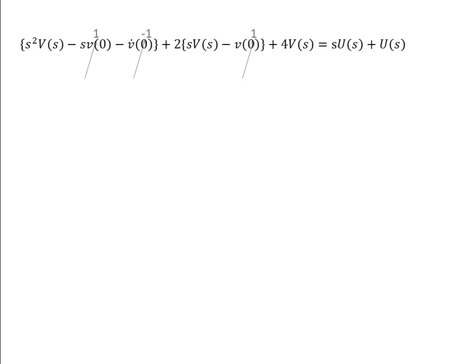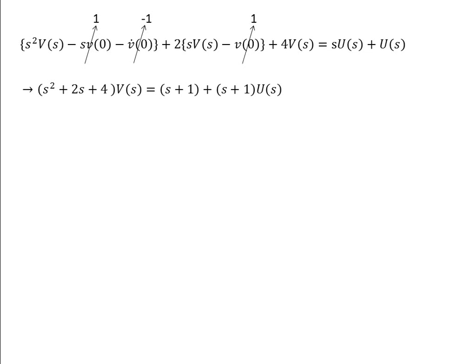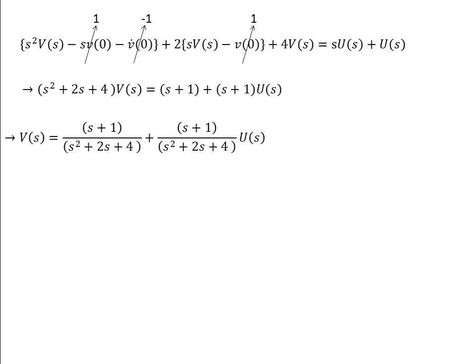If I apply the initial conditions, I will have (s squared plus 2s plus 4) multiplied by V(s) equal to s plus 1 plus (s plus 1) U(s). So again, as you see, V(s) is composed of two fractions, one due to the initial condition, another due to the external forces.